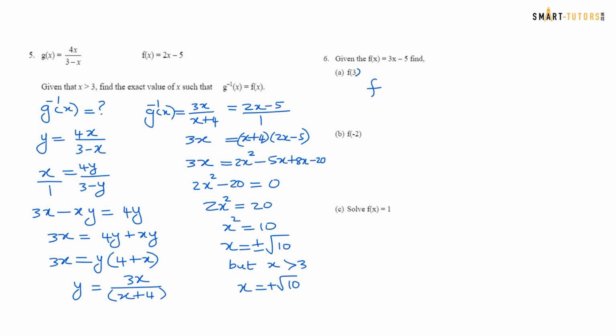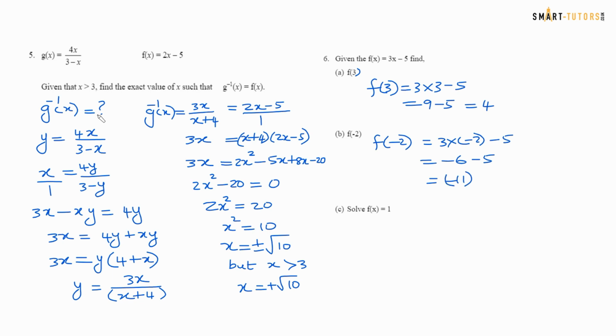Question number 6. fx is given, f of 3 is the question. So f of 3 means you substitute 3 times 3 minus 5, and you get 9 minus 5, which is 4. F of minus 2 is the same: substitute minus 2, so minus 6 minus 5, which is minus 11.